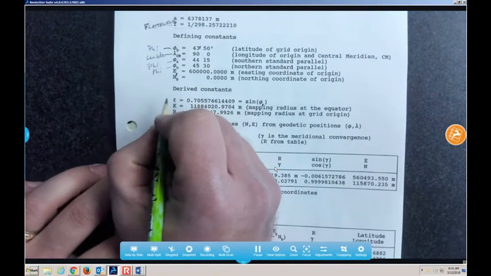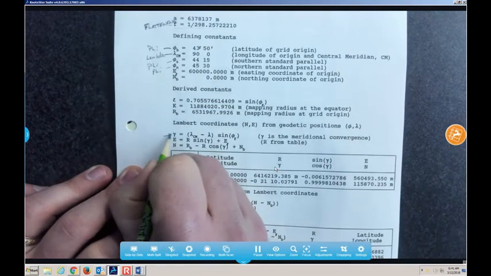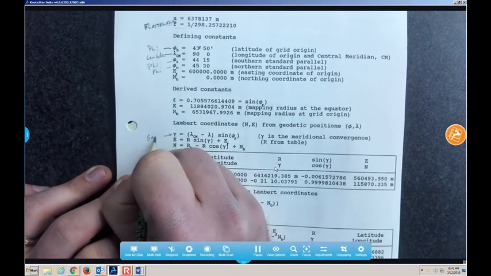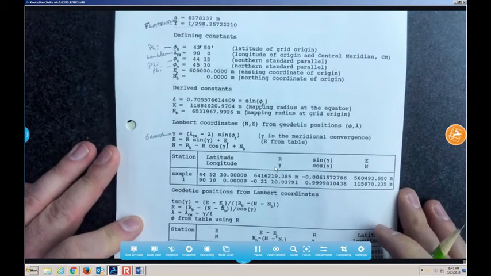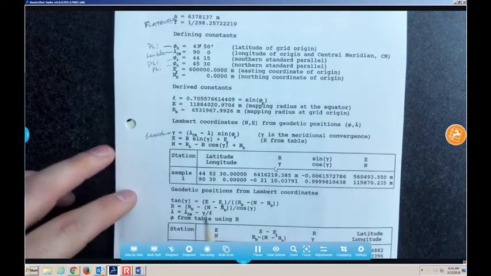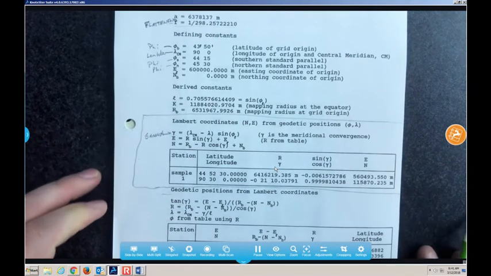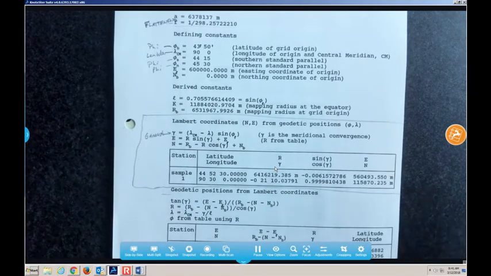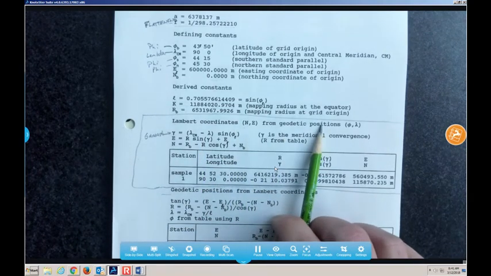Alright, we're going to call this gamma. Not your grandma, it's gamma. And we're going to solve for this one first. We're going to do the Lambert coordinates from geodetic positions.